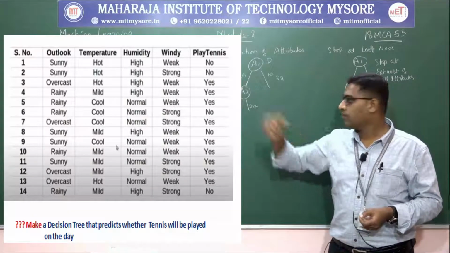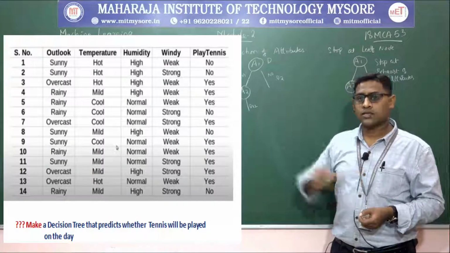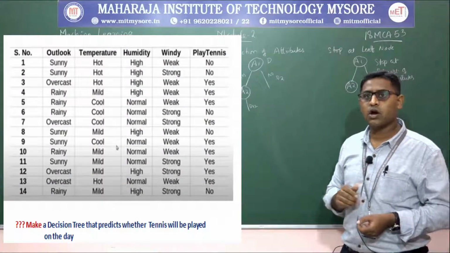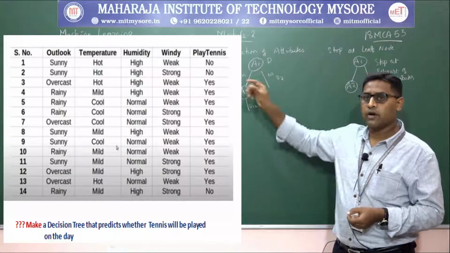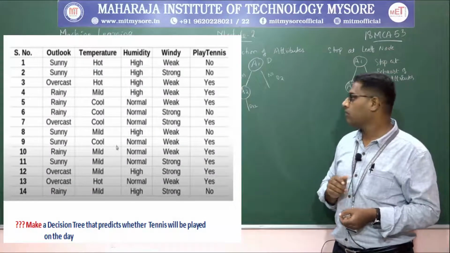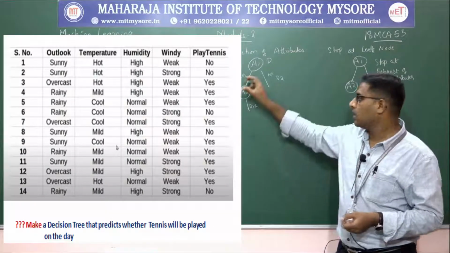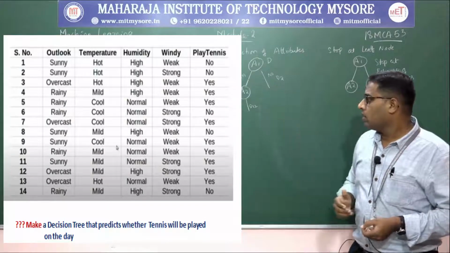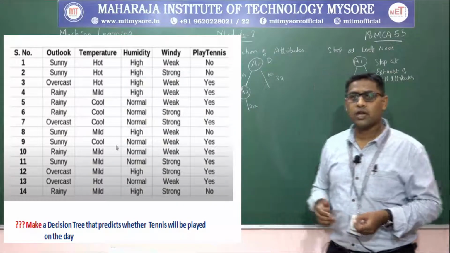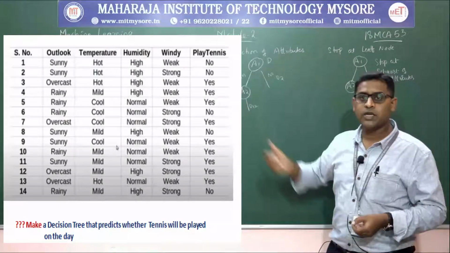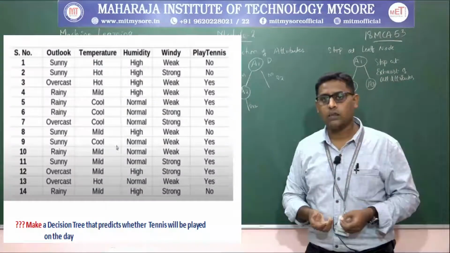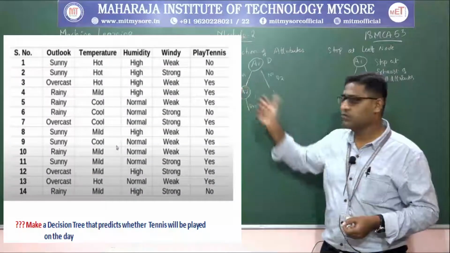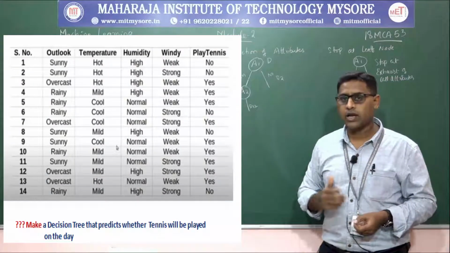If you consider overcast for the outlook, even though temperature is hot and humidity is high and windy has the parameter weak, then the classification or the labeling is yes. So yes means a person can go and play tennis. So playing tennis will be yes on that particular day.